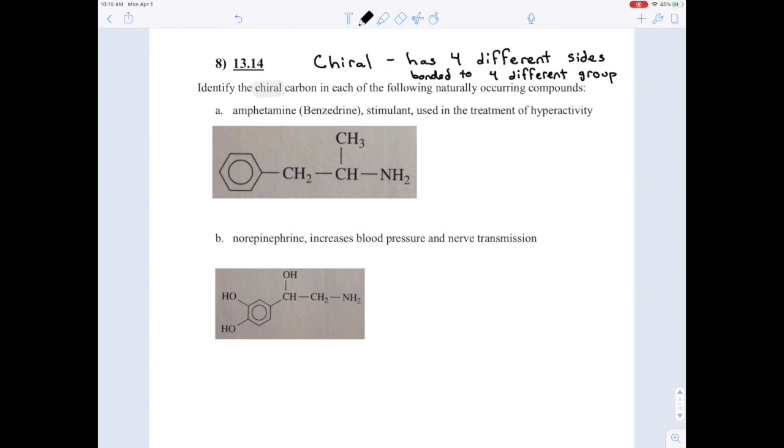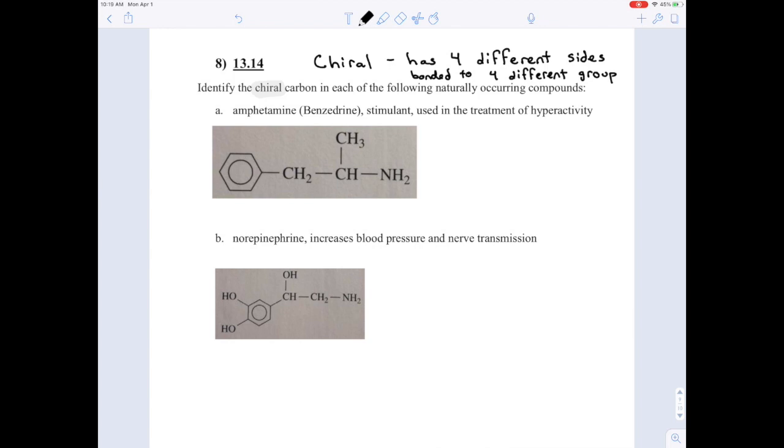So whether a molecule communicates the message that it's intended to, either as a hormone or a neurotransmitter or a drug, depends on whether the chiral carbons are the right type of handedness. So that's the importance of this.